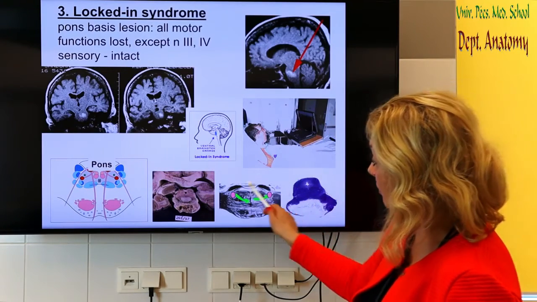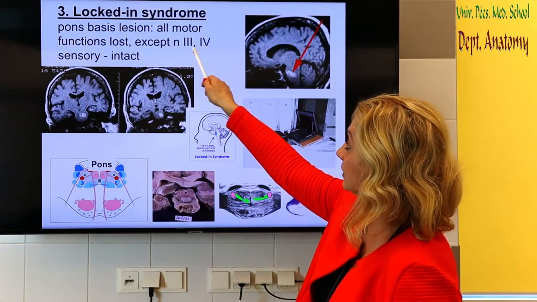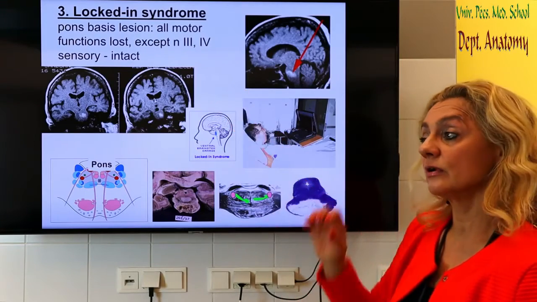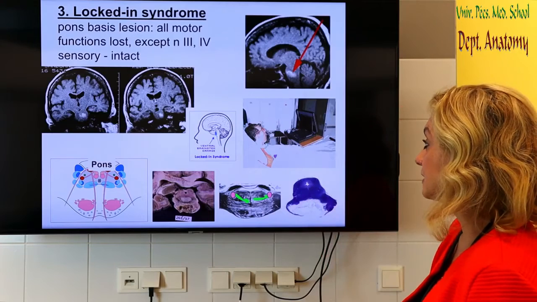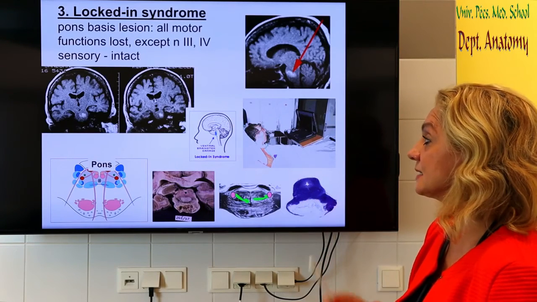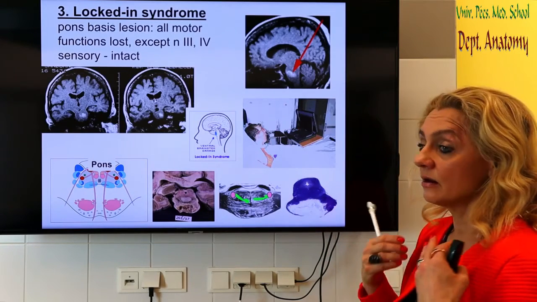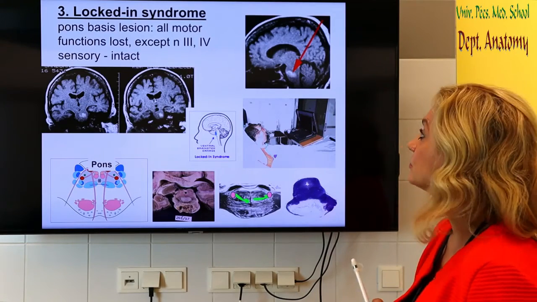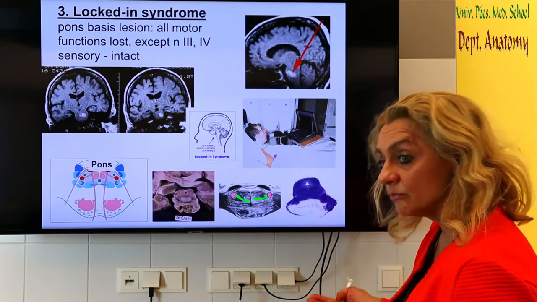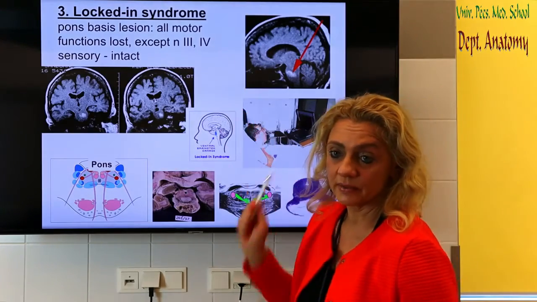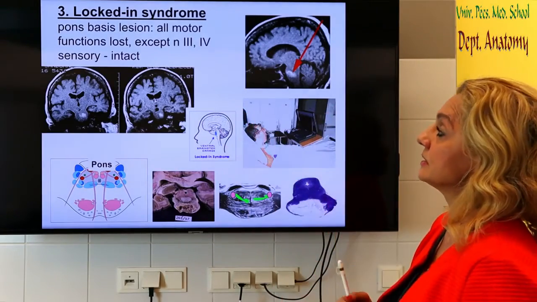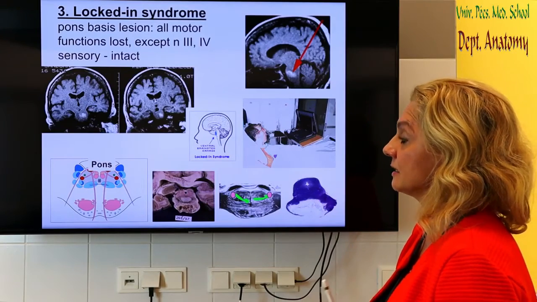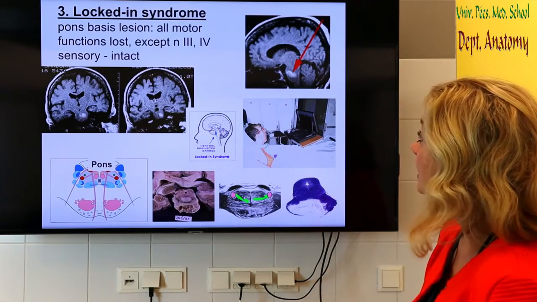And if it happens in the pons, then only the oculomotor and trochlear nerves are going to be intact, which are positioned in the mesencephalon. So basically these patients are conscious, they feel everything, so pain also, but cannot move anything except for the eye. So this is why it's called locked in, because they are kind of locked in their own body.